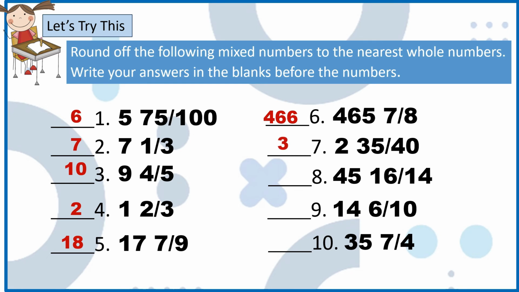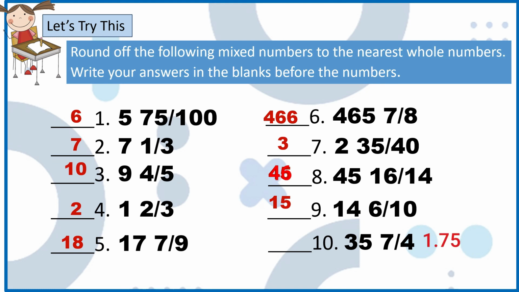Okay, 16 divided by 14 equals 1.14. It means you add 1 to 45 to become 46. 46.14 rounded off to the nearest whole number is 46. And then 6 divided by 10 equals 0.6. 14.6 rounded up to the nearest whole number is 15. 7 divided by 4 equals 1.75.